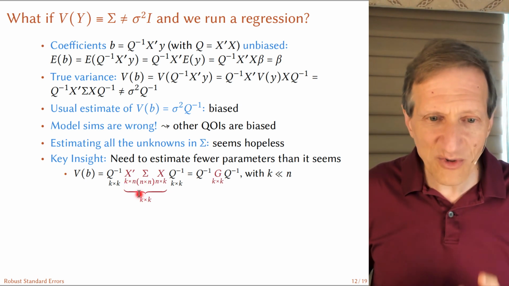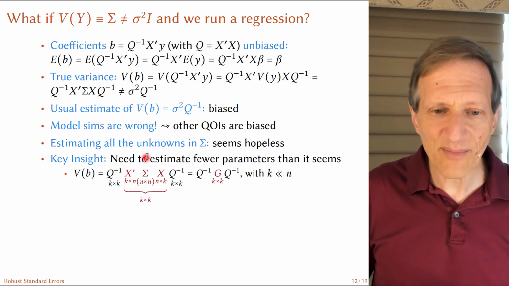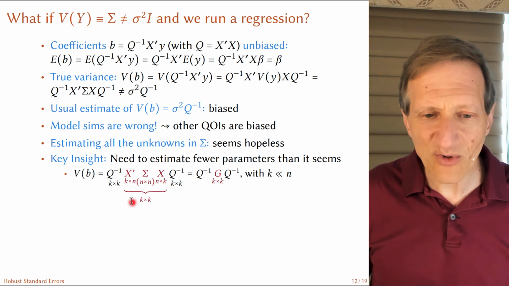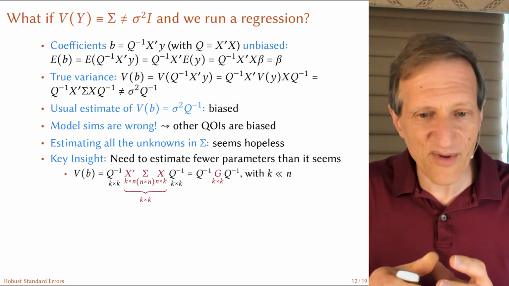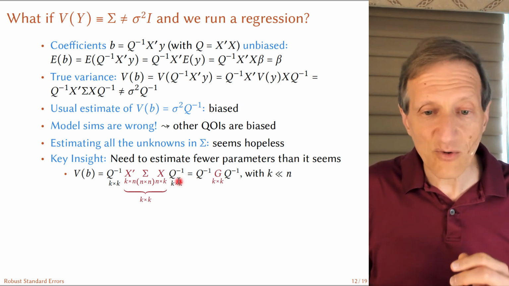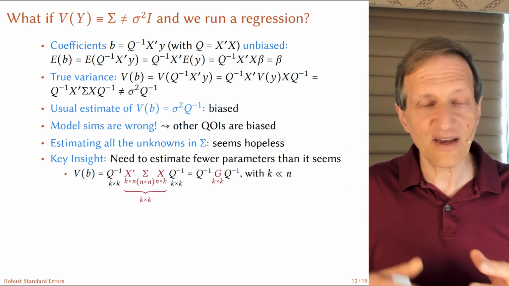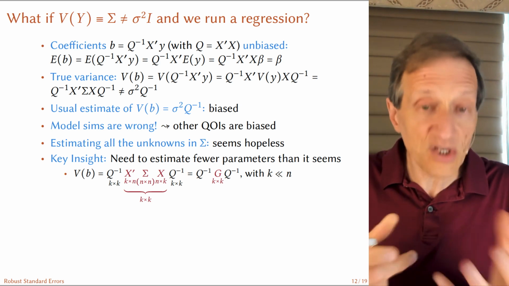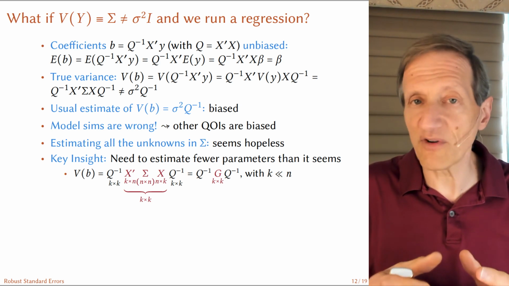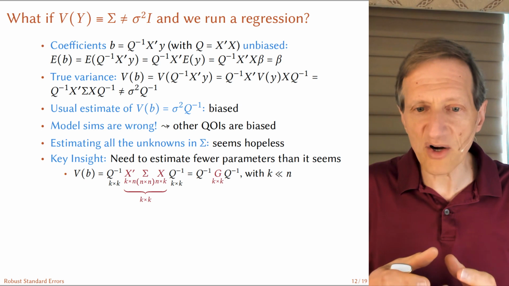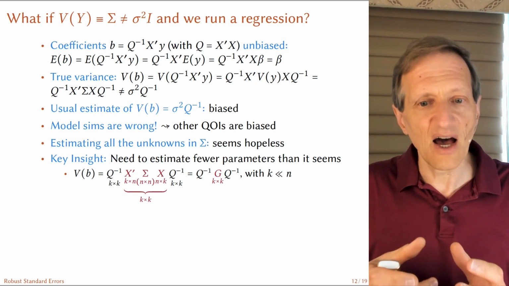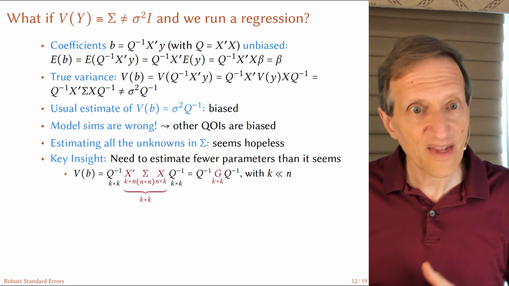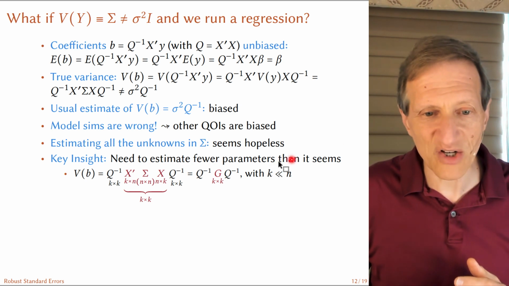But if you look closely at this thing, X prime sigma X, that's only a k by k matrix. So that has way fewer parameters. And if we think of that, which I'm going to call G, as a matrix to estimate, it's conceivable, because K is just the number of explanatory variables, that we could estimate G with n observations. And that's the idea, because K is much less than n.